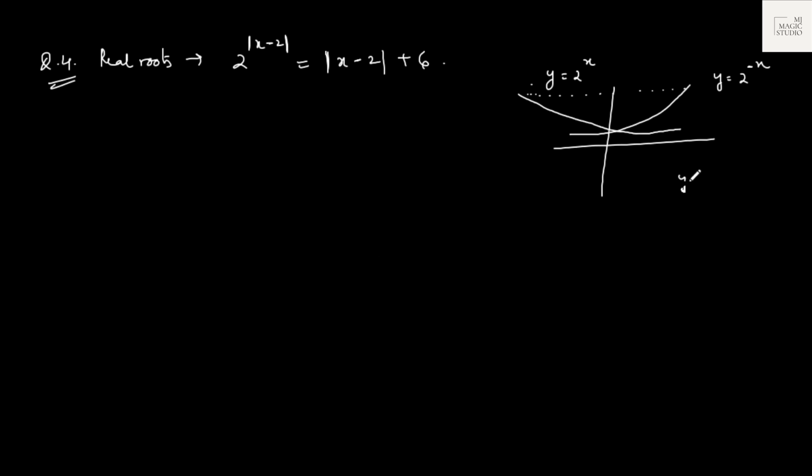And when we have y equals to 2 to the power mod x, that means this particular portion and this particular portion will not come, and then this will be the graph for y equals to 2 to the power mod x. Here we have got y equals to 2 to the power mod x minus 2. So whatever it is, x minus 2, it will shift a little bit upwards.